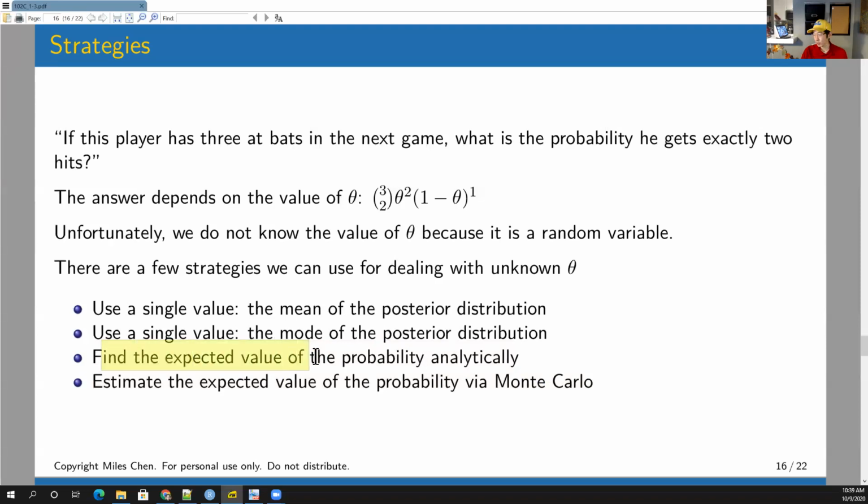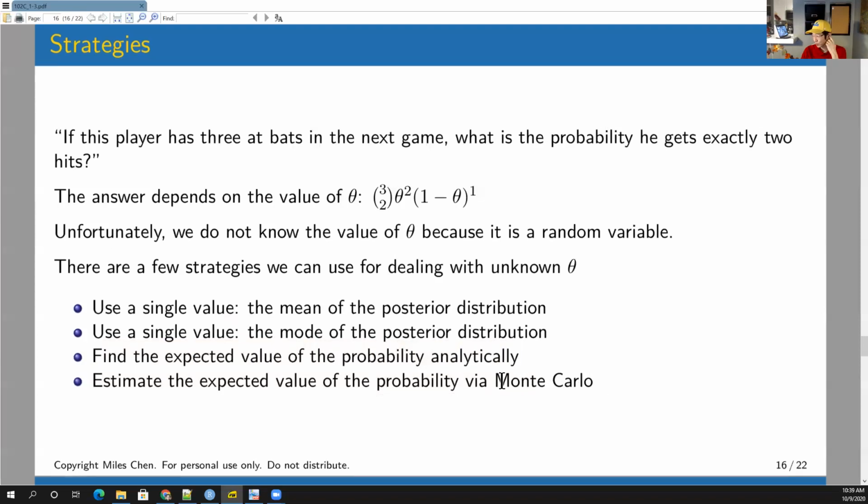We can find the expected value of the probability analytically sometimes. And this is basically the purpose of our course: if we can't do it the analytic way, then we can also just estimate the expected value of the probability via Monte Carlo.